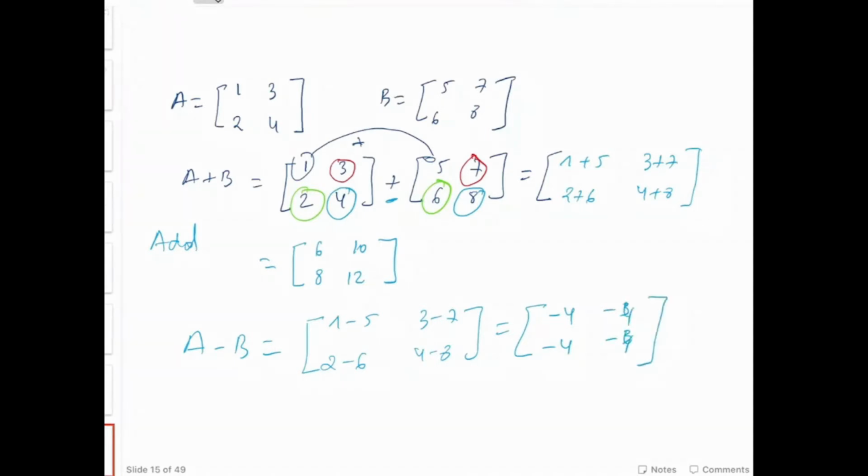This is how you can add and also subtract matrices. And we can also multiply two matrices, as we will see later.